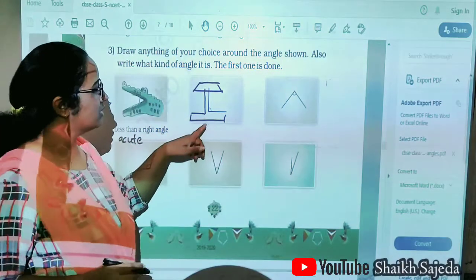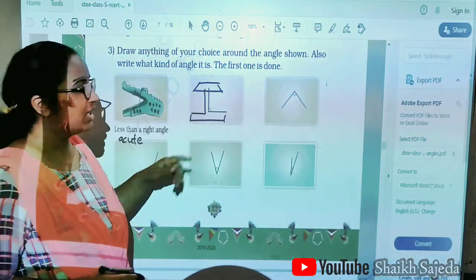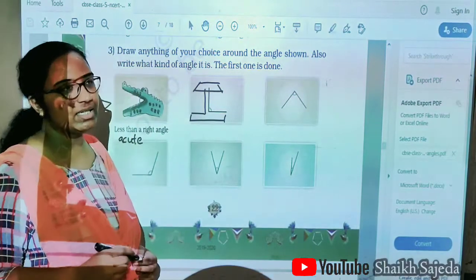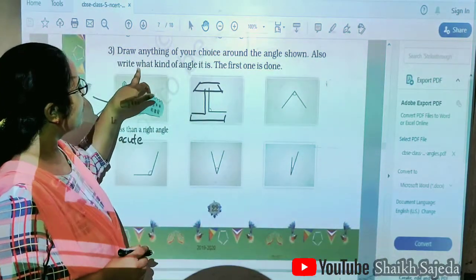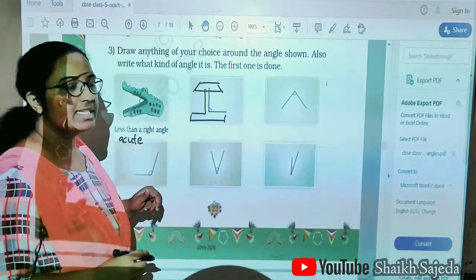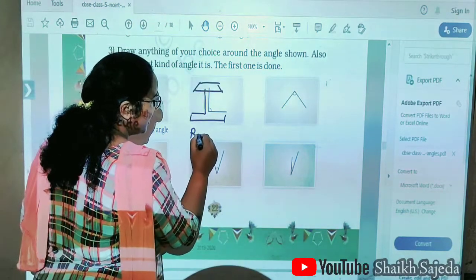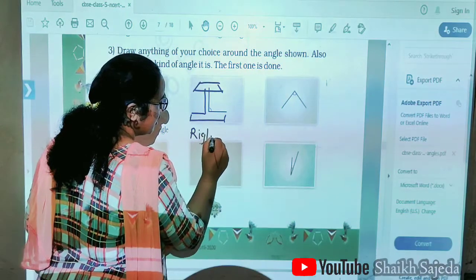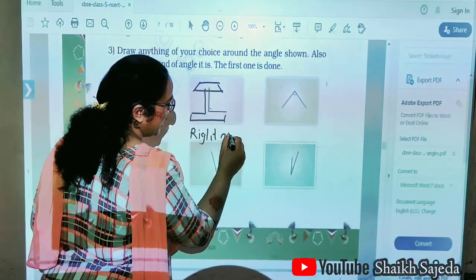Here I have drawn a picture of a night lamp that shows a right angle here. And after that we also have to write what kind of angle it is. So here I will write it is a right angle.